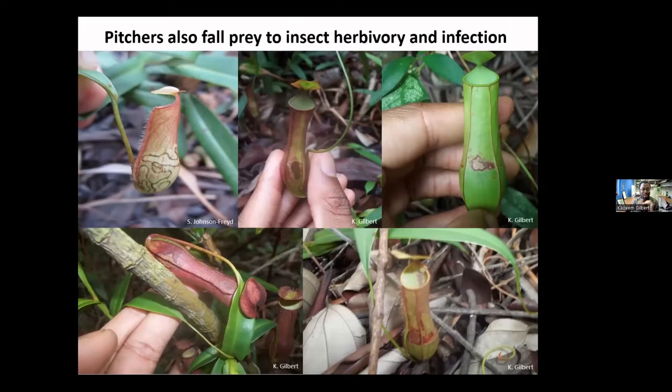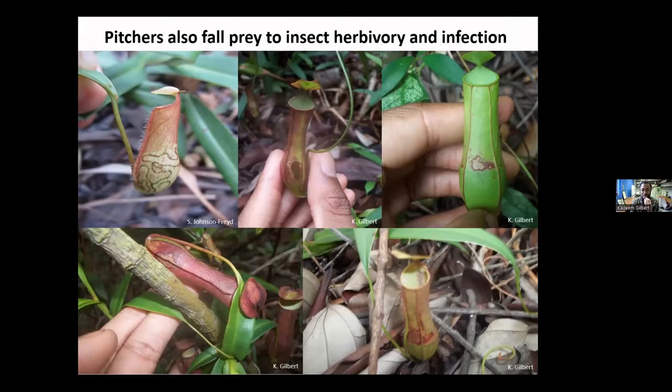So this might be the last thing you think about with carnivorous plants, is thinking about herbivory. It was certainly the last thing that I thought about, but just like any other plant, it's not as common, but if you spend enough time in the field, you see that they do fall prey to herbivores as well.